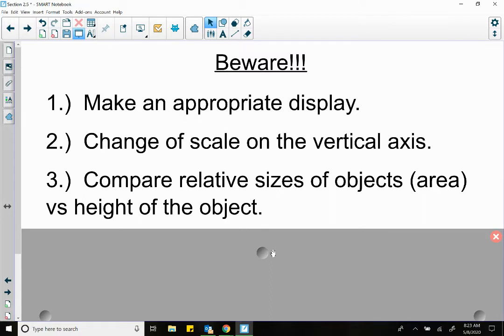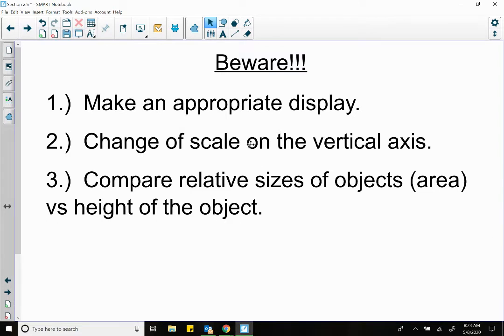People are misled by that information because, even though it's the same picture for everything, the television kept getting smaller and smaller. So they're seeing much more of a change from year to year than what might actually be happening. So these are some of the things that you're going to have to look out for. And I'm going to show you examples of these here in just a second.